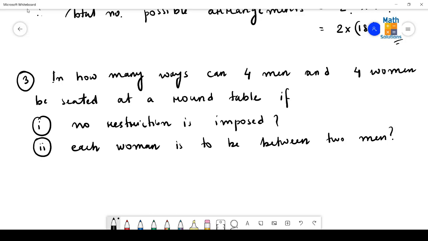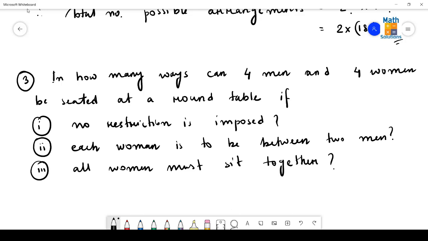And the third question is all women must sit together. Means in each of Roman 1, 2 and 3, in each case the question is different, so the ways of finding will also be different.